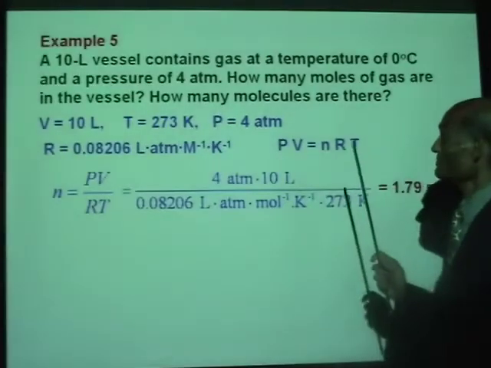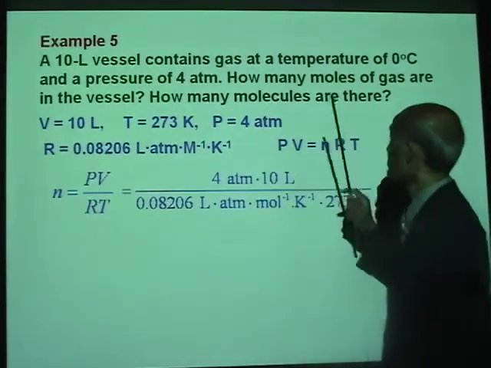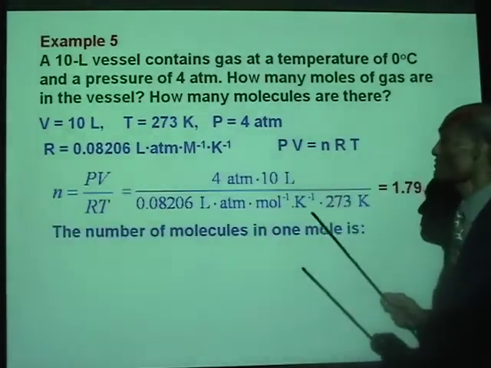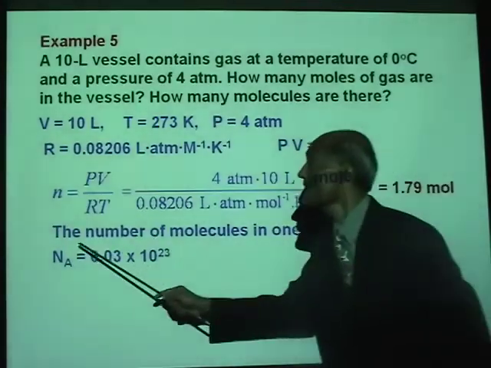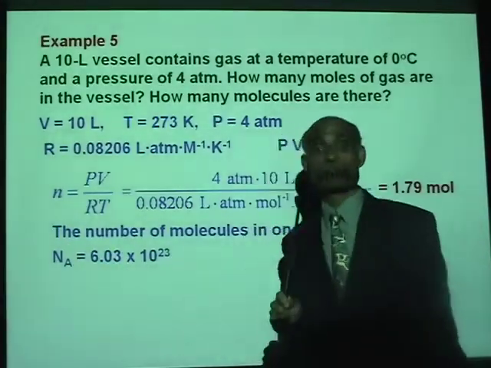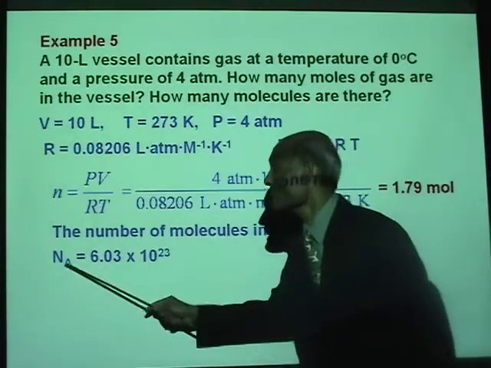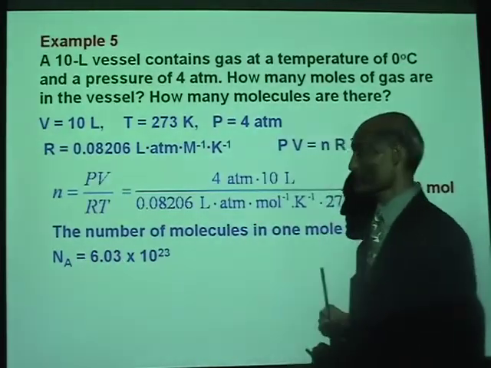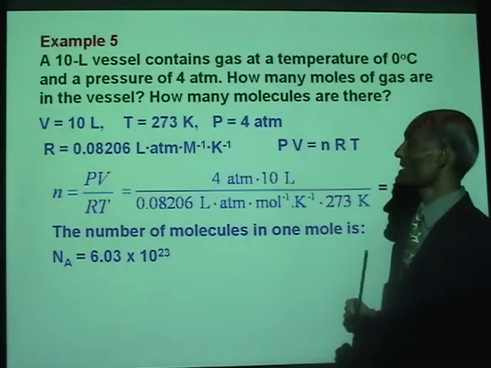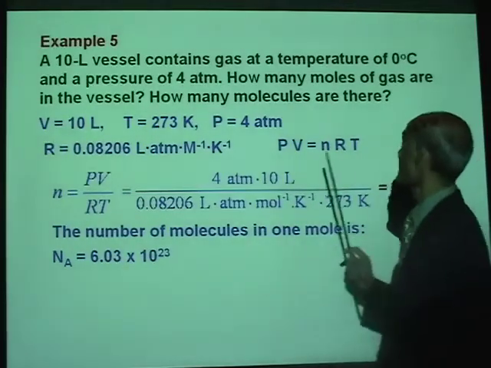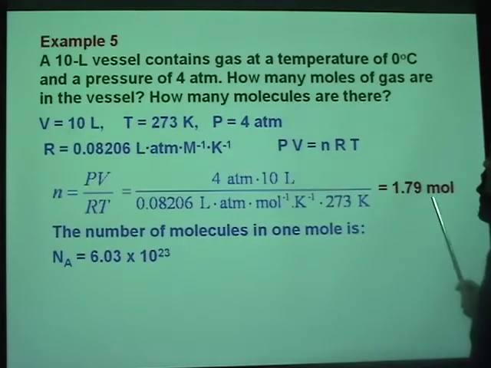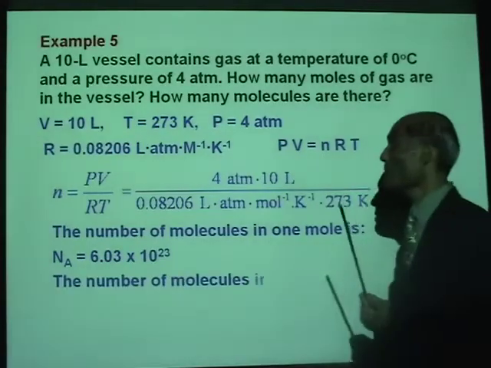1.79 moles. Now, how many molecules are there? Each mole contains Avogadro number of molecules, 6.023 times 10 to the 23. And therefore, how many molecules are there in these many moles?